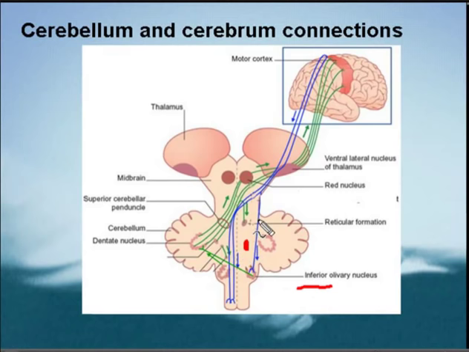It sends its information to the cortex through the dentate nucleus. So either it goes dentatorubral, rubrothalamic, thalamocortical, or it is dentatothalamic and thalamocortical. That's how it sends its information to the cortex, and that's how it makes sure that if there are any errors, those errors are corrected.